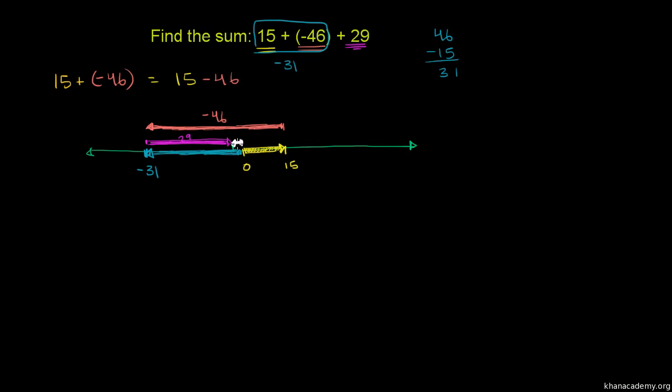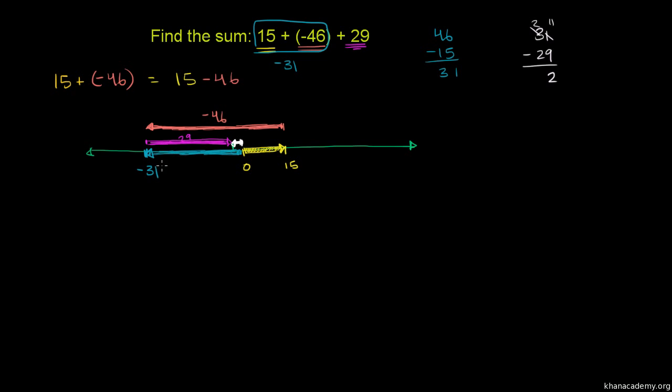And of course, it's going to be negative, because the negative number here is larger than the positive number, and we're adding the two. So 31 minus 29, you could borrow and all of that, but that's clearly just going to be equal to 2. But since it's negative 31 plus 29, it's going to be a negative 2.